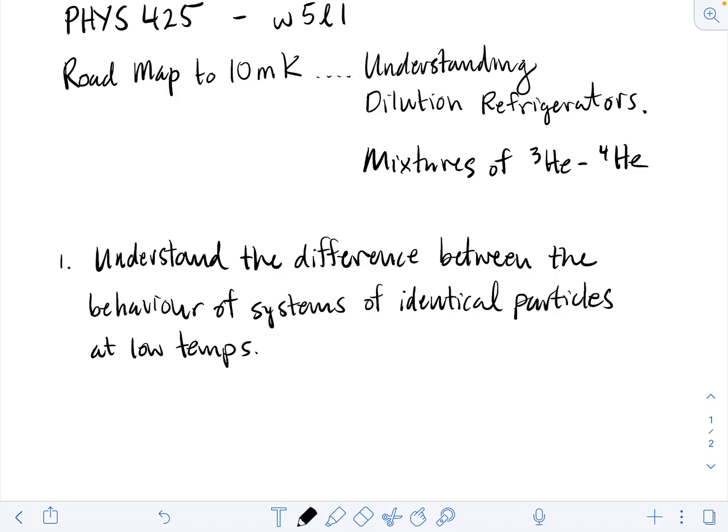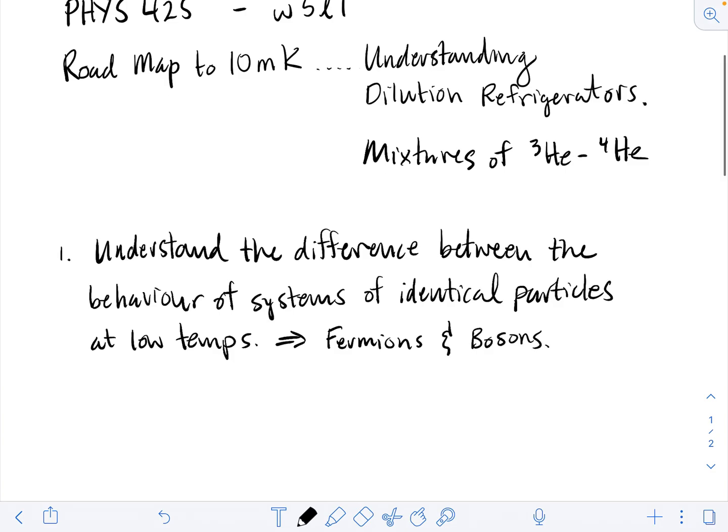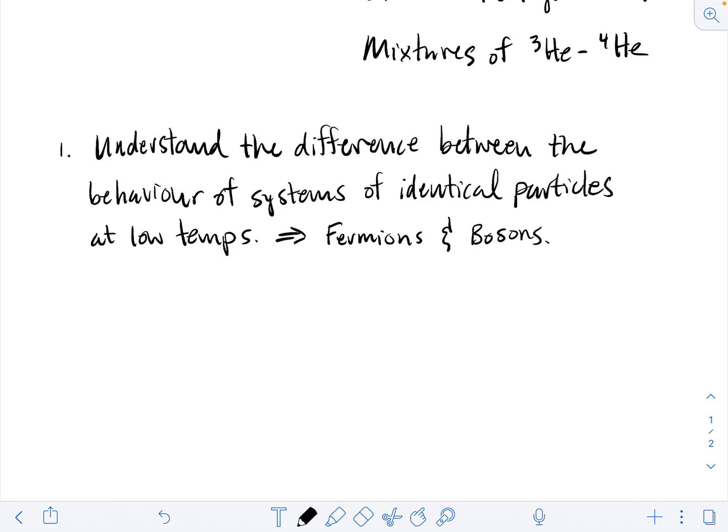And so specifically, it's going to be understanding the difference between systems of fermions and bosons at low temperatures. And this is going to be important because when we are dealing with mixtures of helium-3 and helium-4, the helium-3 particle is a fermion and the helium-4 particle is a boson.